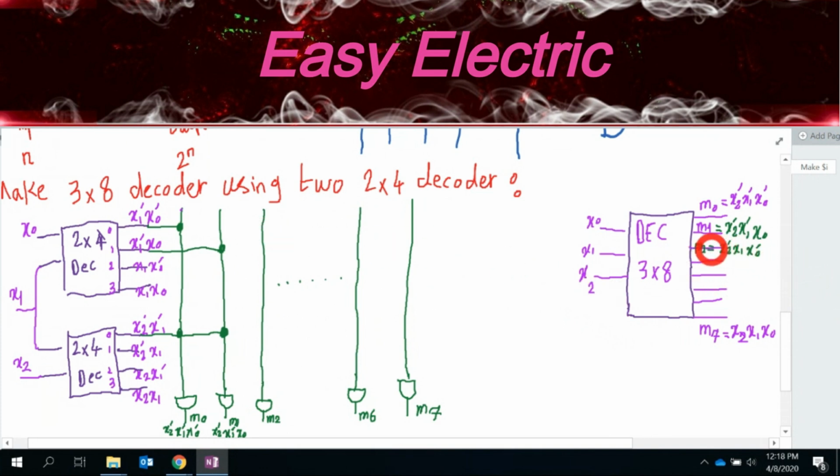This is 2, right? So what is the first connection of these 8 that you have? You just type it in the chat box. What should be the first connection?